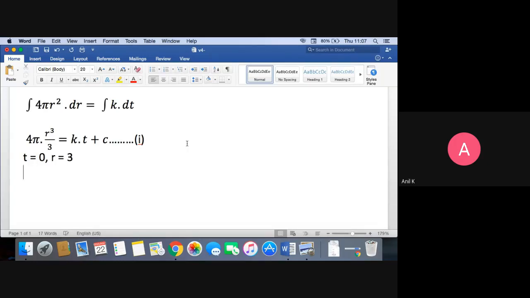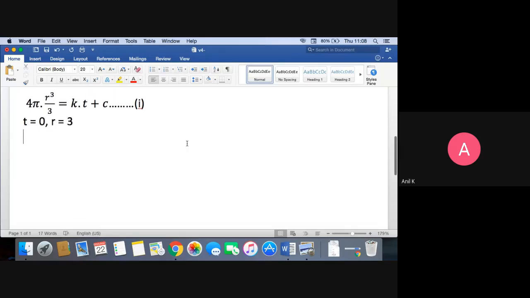So substitute this r value and t value in equation number 1. What do you get if I substitute t equals 0 and r equals 3? If I substitute r equals 3 here, the 3 and 3 will get cancelled. 3 square is 9, 9 into 4 is 36, pi will come.